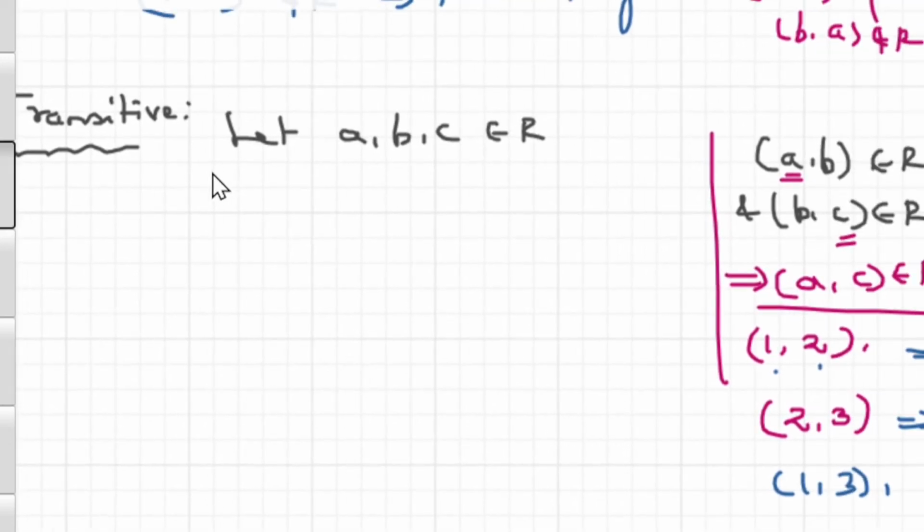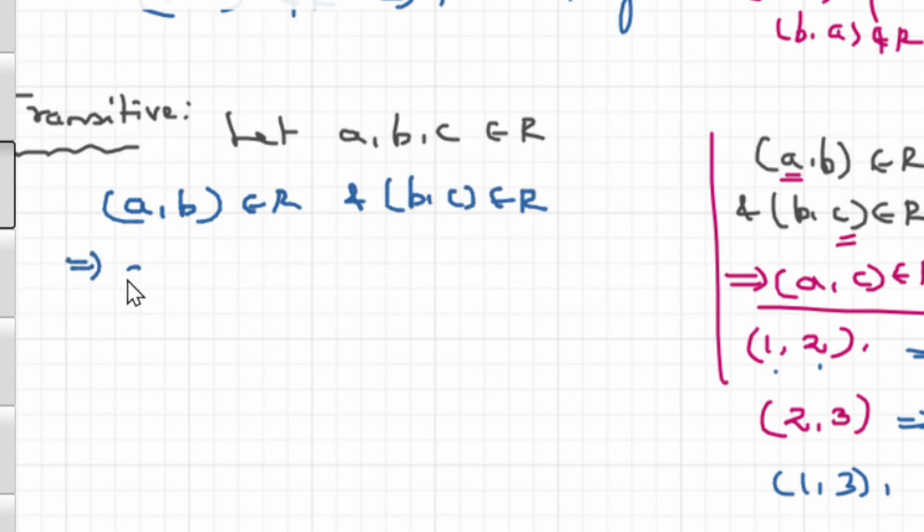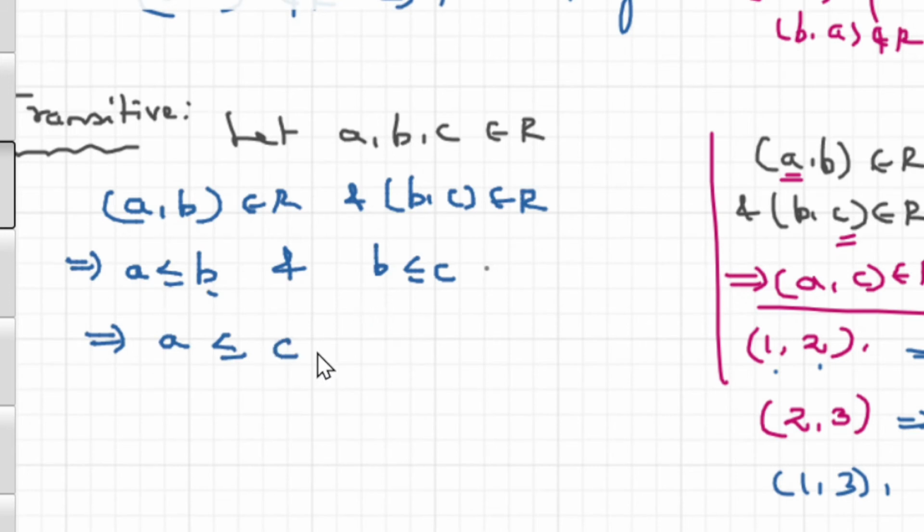Now we'll have this one here. If (a, b) belongs to R and (b, c) also belongs to R, this implies a is less than or equal to b and b is less than or equal to c. And this implies, comparing these two, a is less than or equal to c. Therefore, that implies (a, c) belongs to R, and thus it is clear R is transitive.